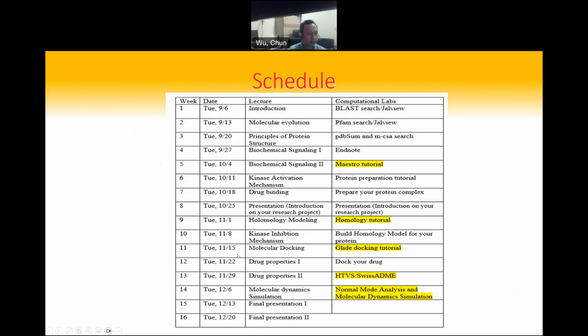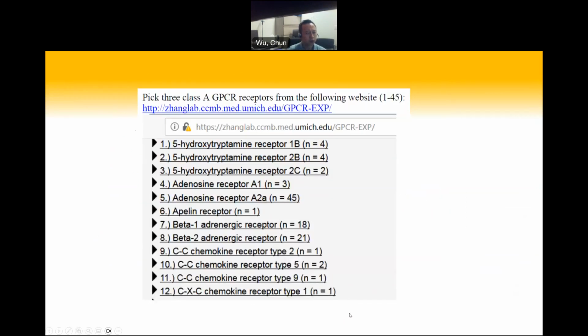So here is the detailed schedule I have: the database search, then protein preparation, homology modeling, docking, virtual screening, and molecular dynamics simulation, to identify drug candidates for their drug target.